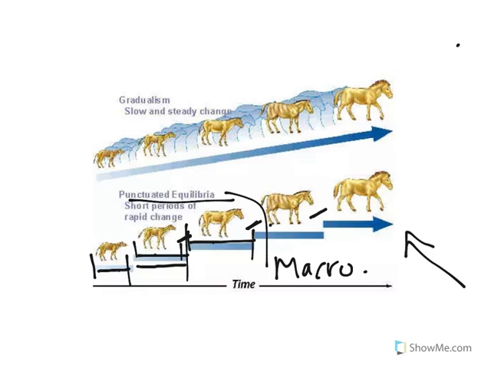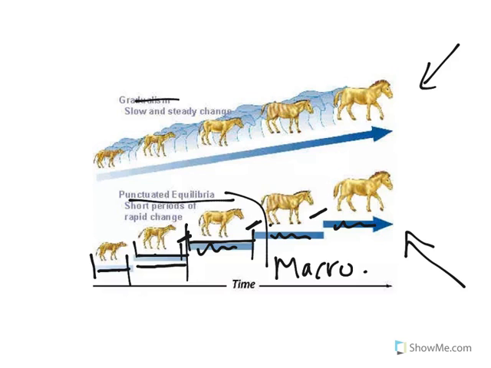Now, let's see what's really going on, which is what's up top. And this is gradualism. Remember, the fossil record is biased, right? It's not going to preserve everything, nor is it going to preserve soft tissues. So there's a lot going on in these long periods that we can't see because we don't have those soft tissues.